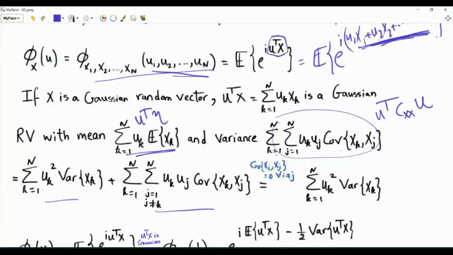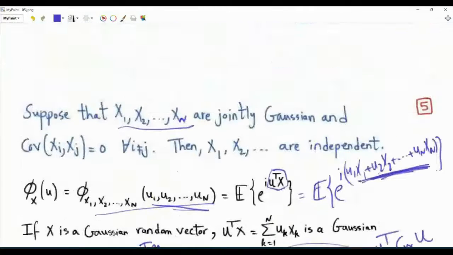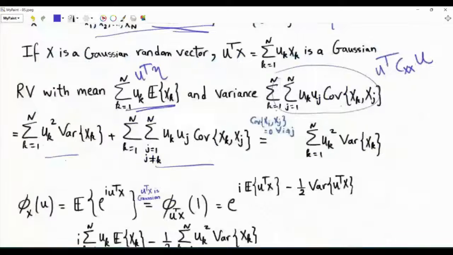Because our random variables satisfy this property, they are pairwise uncorrelated, the covariance of xi and xj is equal to 0. If i and j are different, then all those terms will disappear and we get this summation here. Okay. And this can be obtained directly by saying, let's take the variance of this sum.